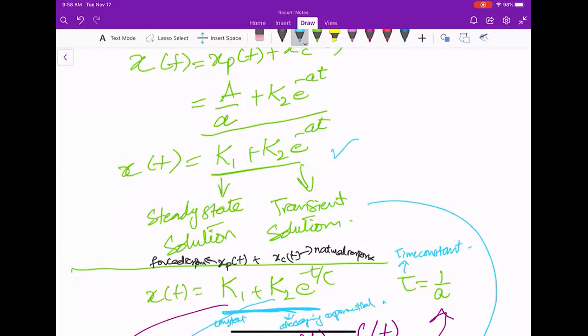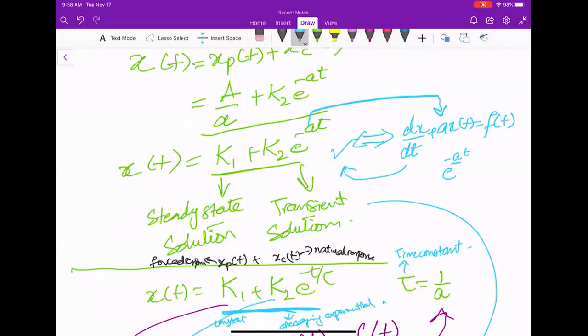Yes. If you compare this with this, you know that this equation's solution is this, right? So if you compare these two, whatever you have here would be A. Yes. So just stick with that.